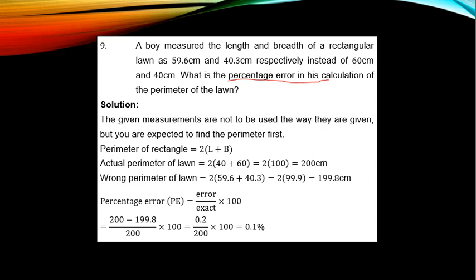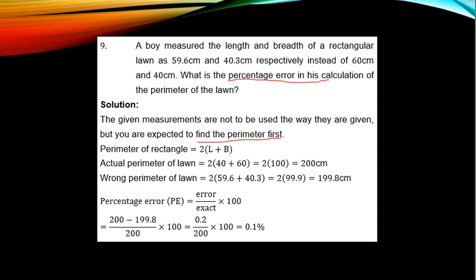The given measurements are not to be used the way they are given, but you are expected to find the perimeter first.